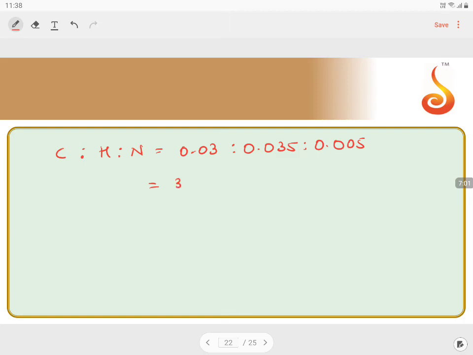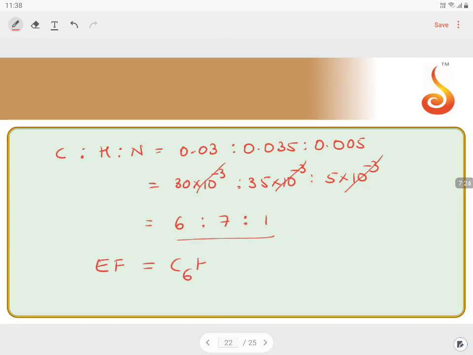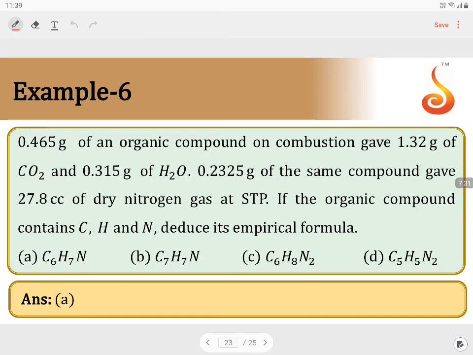I can write this as 30 into 10 power minus 3 to 35 into 10 power minus 3 to 5 into 10 power minus 3. 10 power minus 3 gets cancelled. 5 also cancels: 6 times, 7 times, 1. So the ratio comes to be 6 to 7 to 1. So the empirical formula of the compound is C6H7N, which is option A.